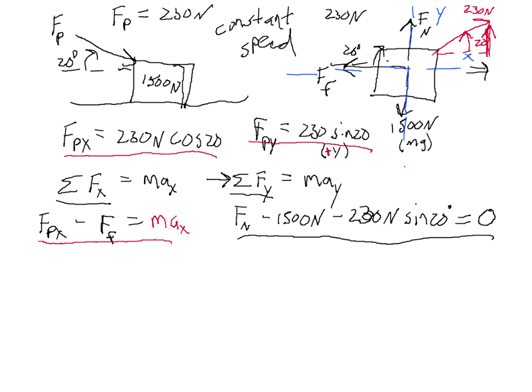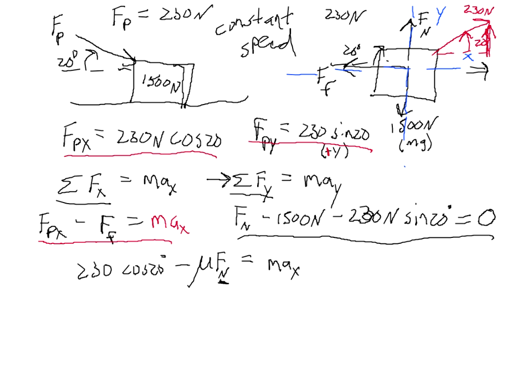So Fpx, we know from earlier, is 230 times the cosine of 20. Friction is still the coefficient of friction times the normal force, so you should plug in the value for coefficient of friction that you got in part A. And once again, we need to know the normal force.